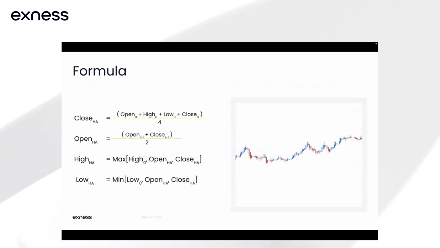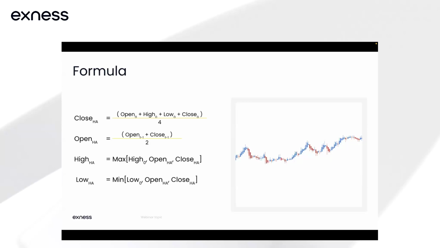Now let's break down the logic behind the Heikin Ashi candlestick. Instead of just taking the current price data to form a candle, Heikin Ashi uses a special formula, as you can see here. That sounds a bit technical at first, but let me explain why it matters.